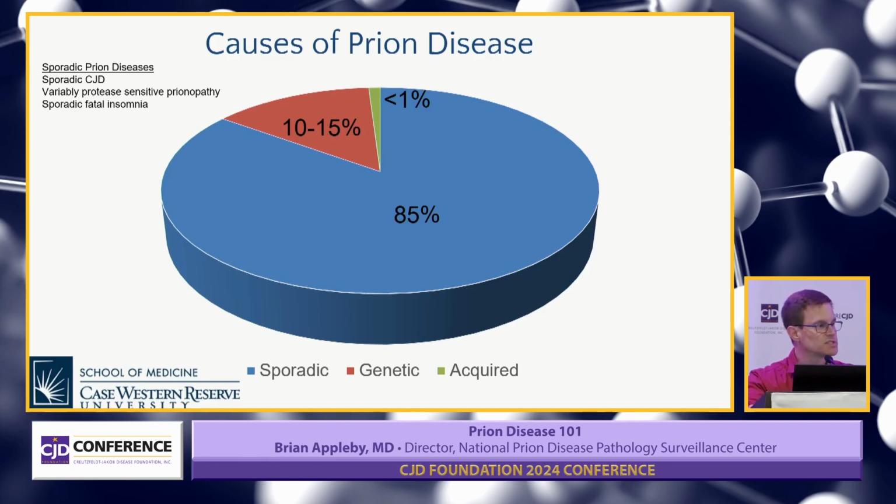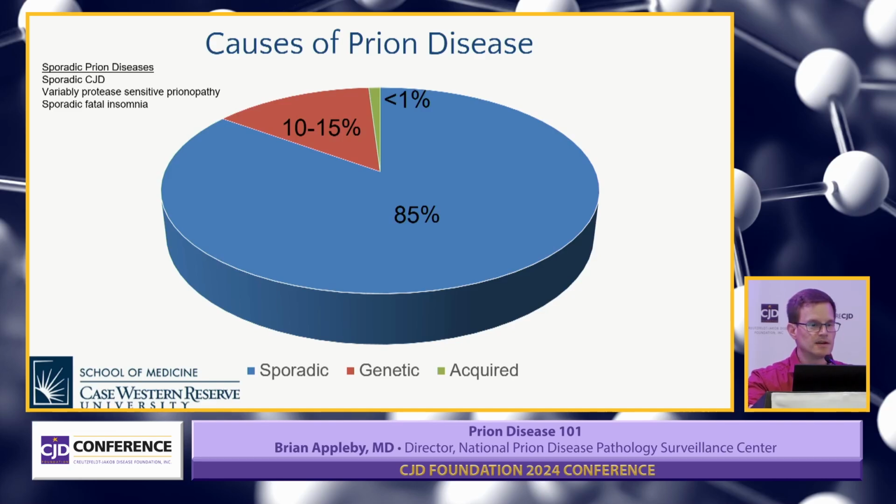One is it's just a spontaneous change of that normal protein that we all make that causes disease. Or it could be that instead of inheriting a mutation from your mom or dad, later on in life, a cell in your brain develops a mutation and that causes the abnormal form of the protein. Both could occur, although most of these diseases are probably due to just a spontaneous change in the prion protein.